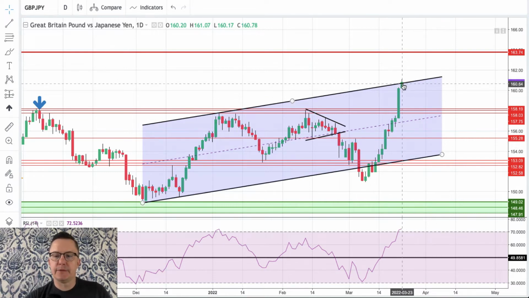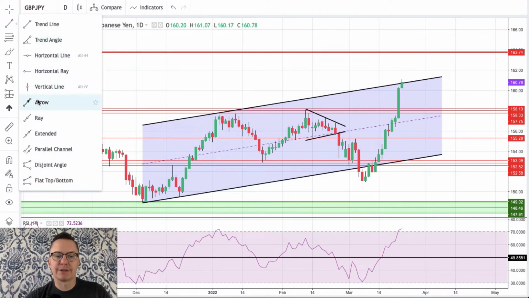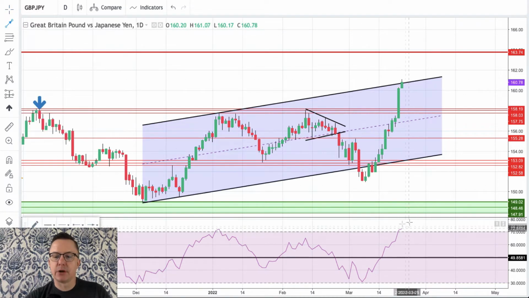So let's see if first the market wants to test the breakout at 159.19 and then rise higher, or we will still continue to move towards the technical resistance, because the market conditions are extremely overbought.